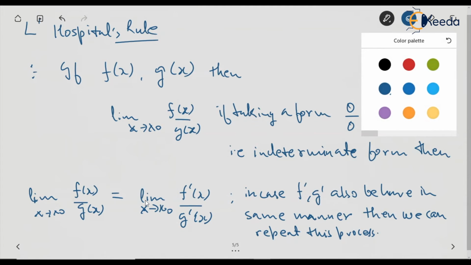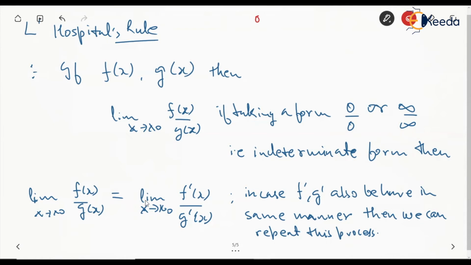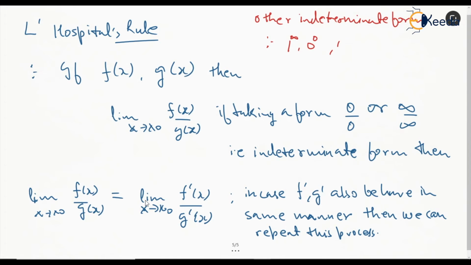Also, other indeterminate forms are: 1 to the power of infinity, 0 to the power of 0, infinity to the power of 0, 0 into infinity, infinity minus infinity.